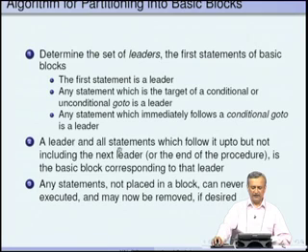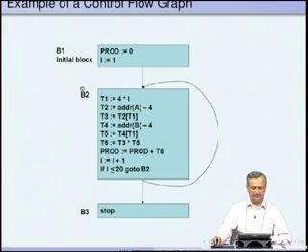A leader and all statements following it up to but not including the next leader is the basic block corresponding to that leader. For example, here we marked this as a leader, this as a leader, and this as a leader. Start scanning from here up to this point, that is these two statements, that is one block.